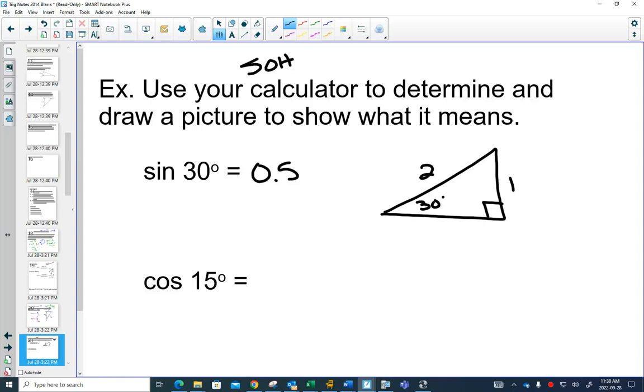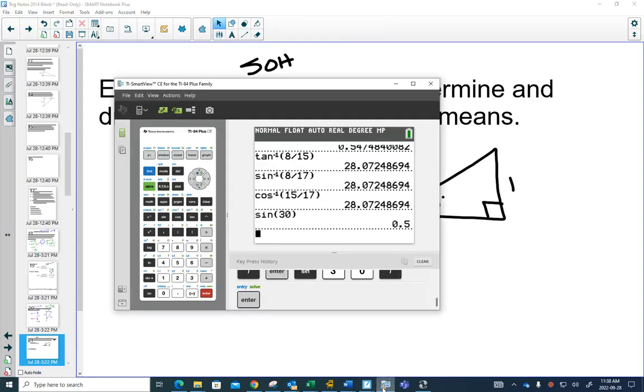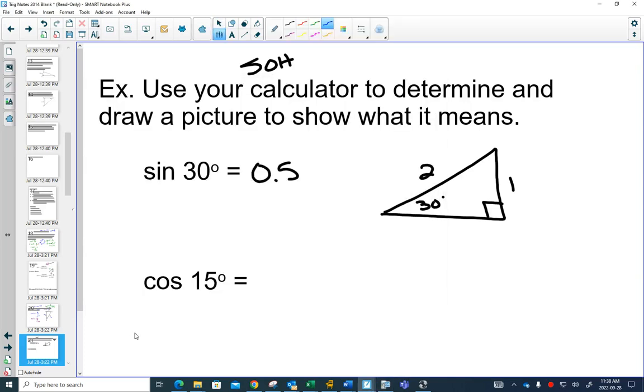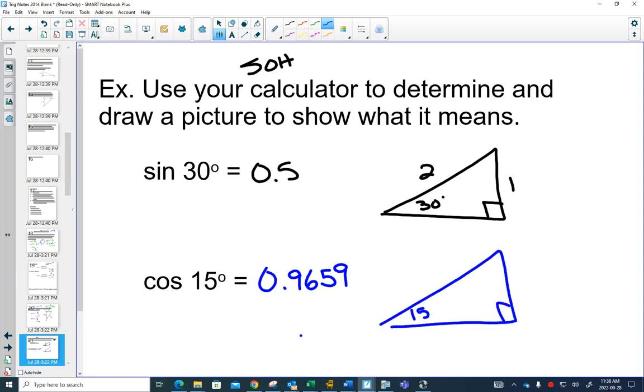So let's do cos. What happens when we do cos of 15? 0.9659. If I draw a triangle with 15 degrees and a 90 degrees, cosine, can you make this into a fraction?